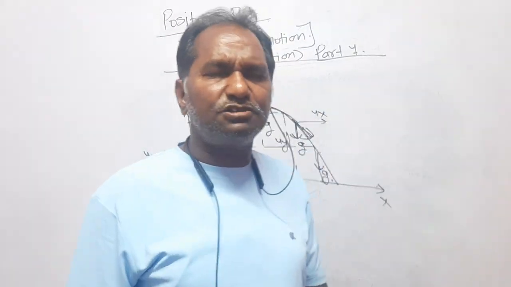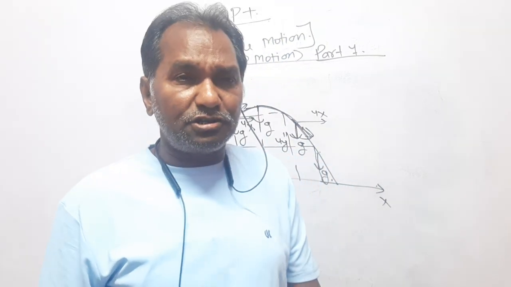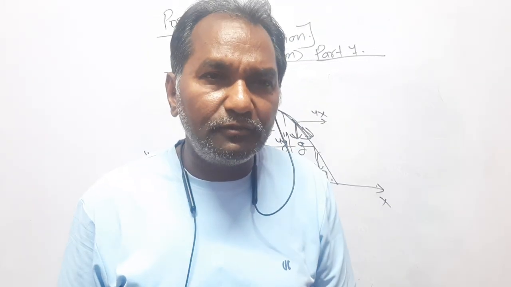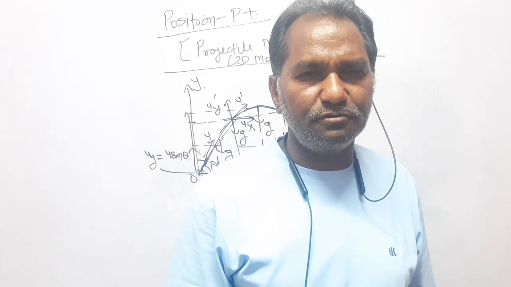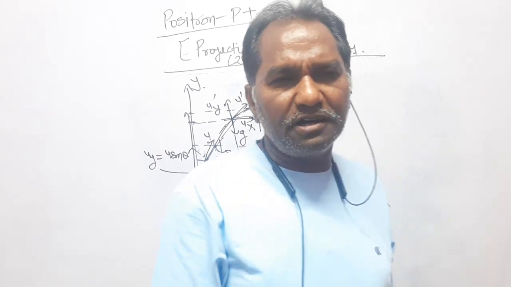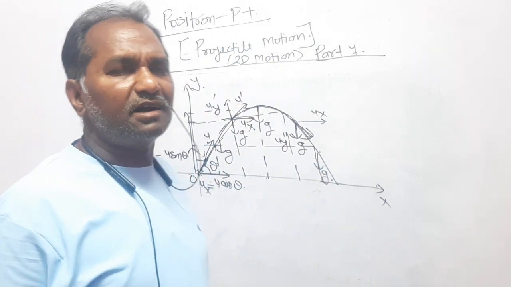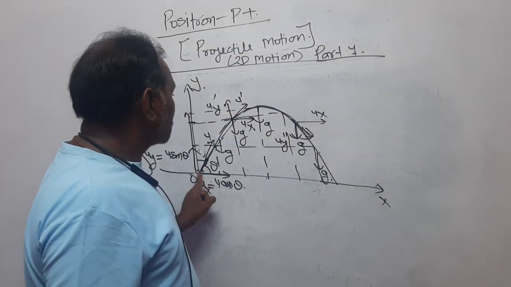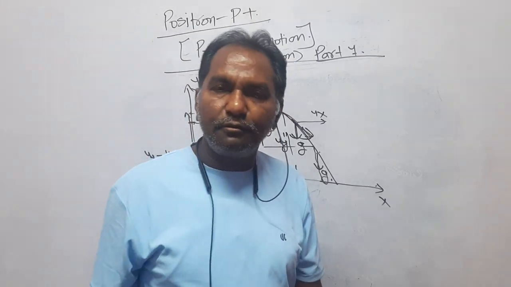Wherever in this universe you get a motion, if in that motion one component of velocity is a constant and the other component is varying, then always it is parabolic, always it is a projectile. Again and again I am repeating my words. Here one component is a constant and the other is varying. The horizontal component is a constant.